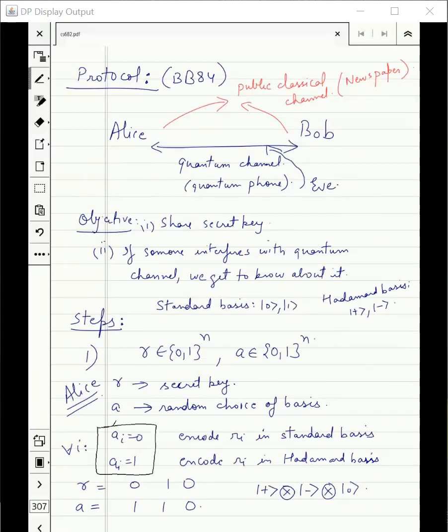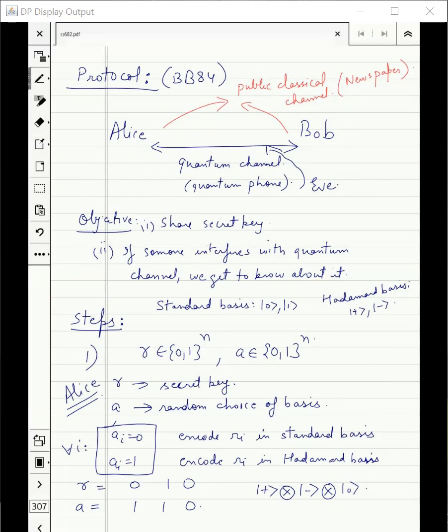No. When Alice tosses her coins to decide, A1 could be 0 and A2 could be 1.